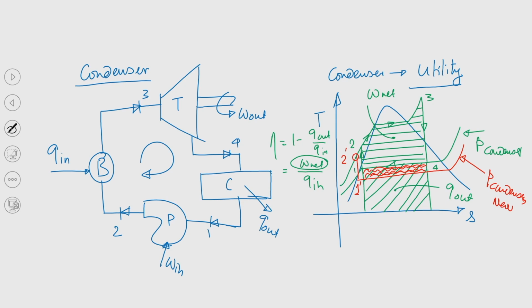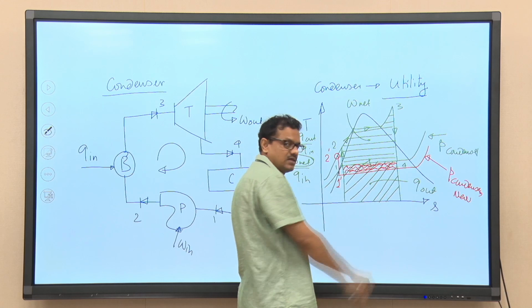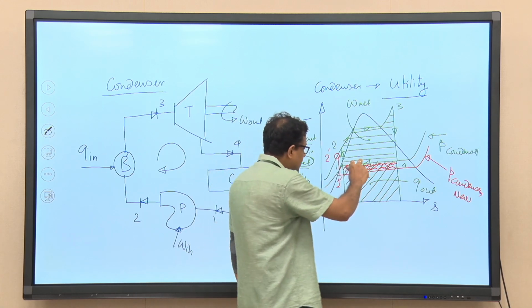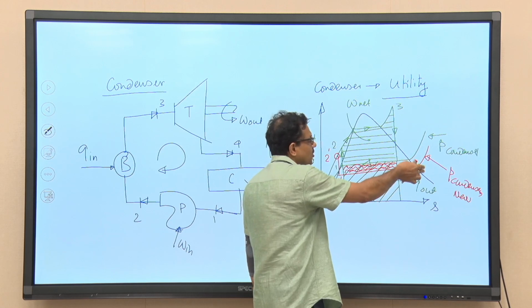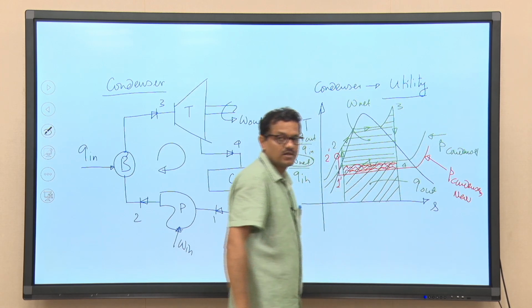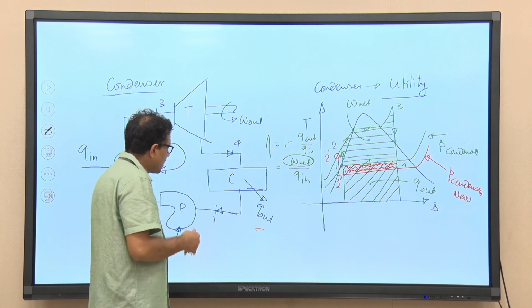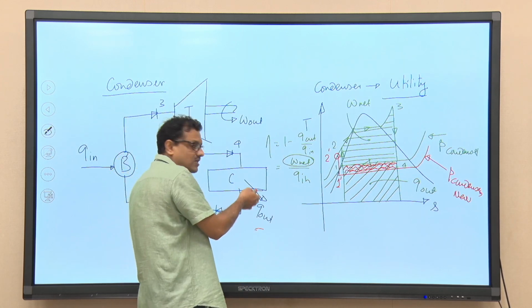Right. So, I have shaded this portion using red color. This is the extra amount of work that we will get if we allow the condenser to operate at a pressure which is less than the previous pressure. Heat is getting rejected at the condenser.